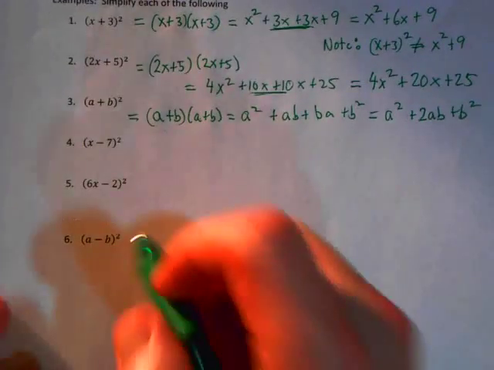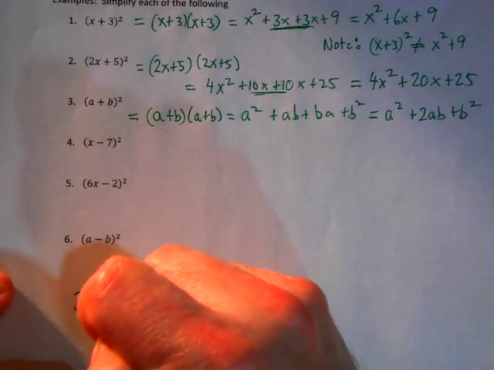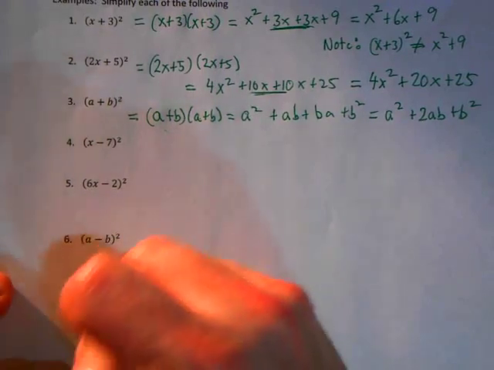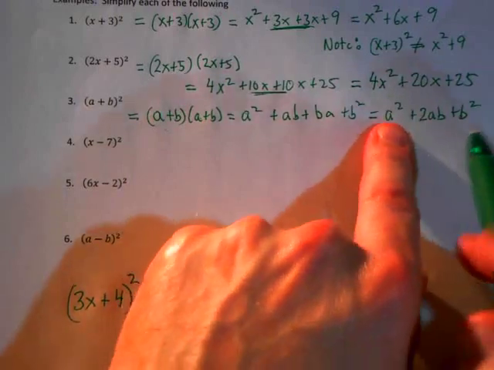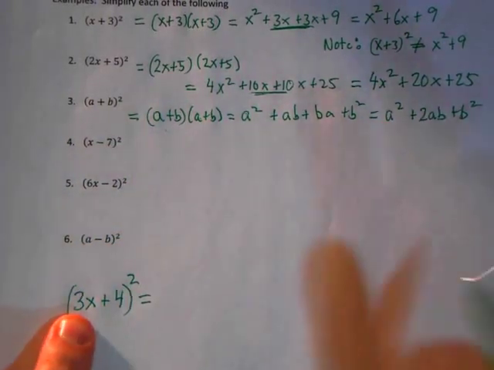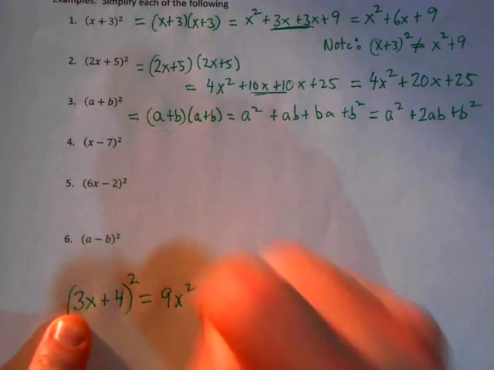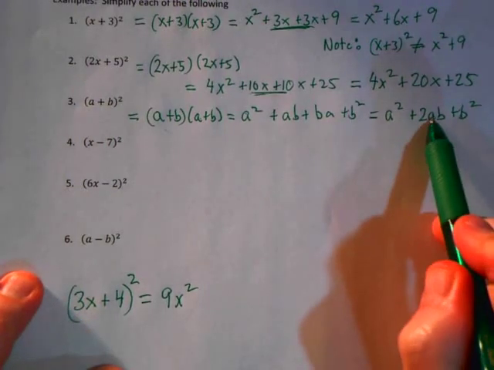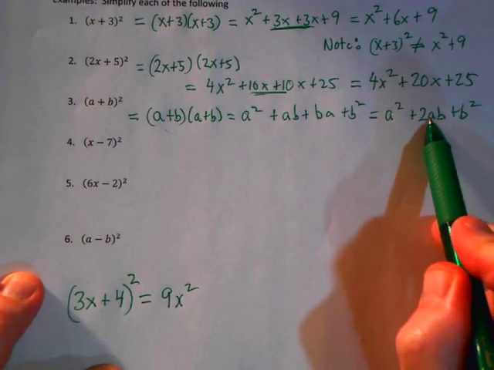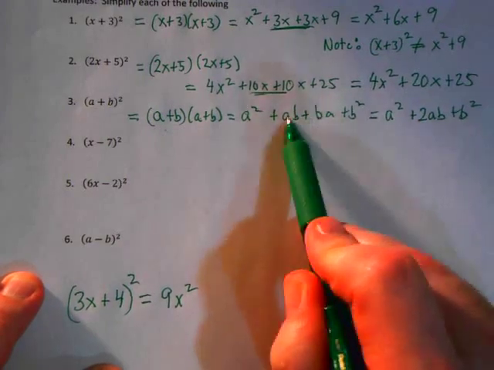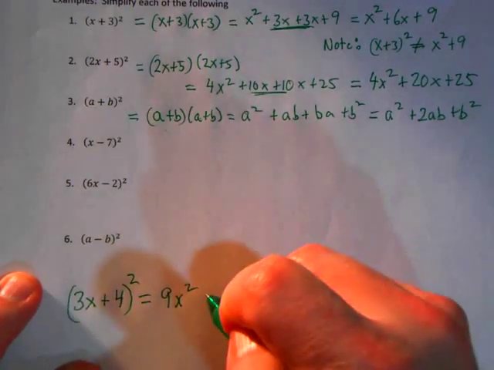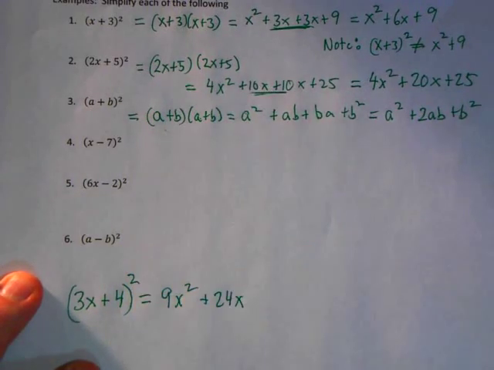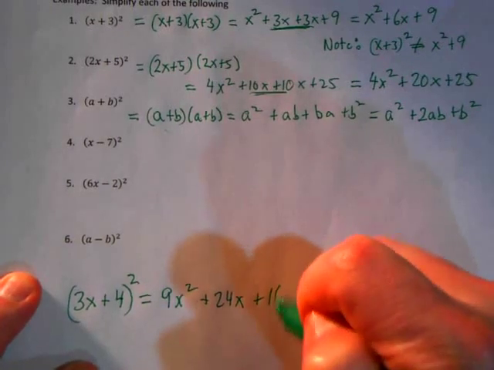If I ask you to take 3x plus 4 and square it, what this formula says to do is square the first thing. So I take 3x and I square it, that gives me 9x squared. Then I multiply the two things together and multiply by 2 because it shows up twice. So I take 4 times 3x, that's 12x, and then I multiply it by 2, that gives me 24x. And then I square the last thing, 16.